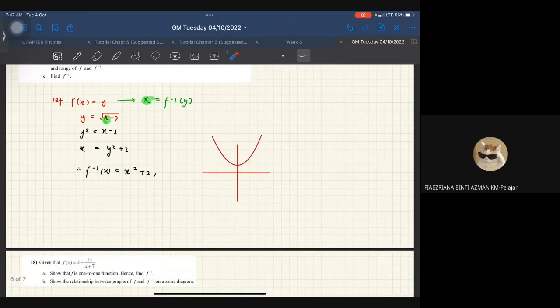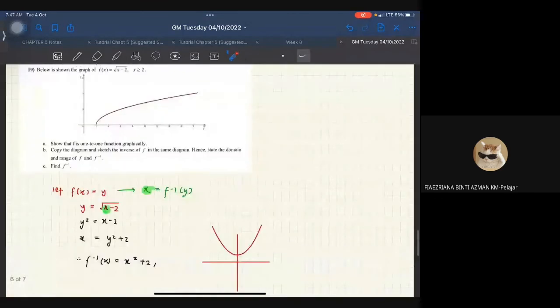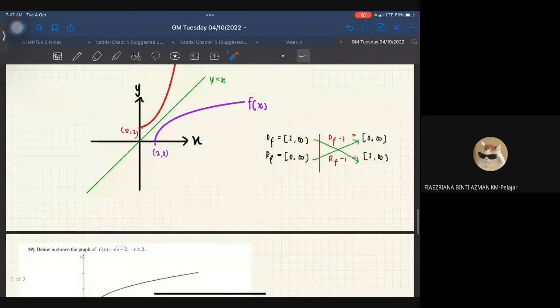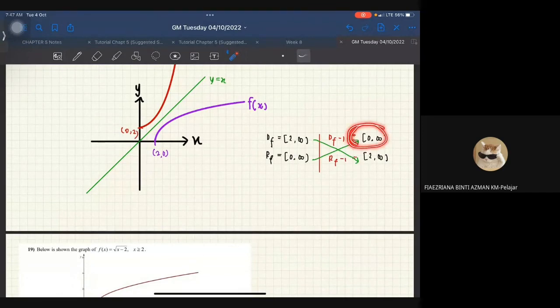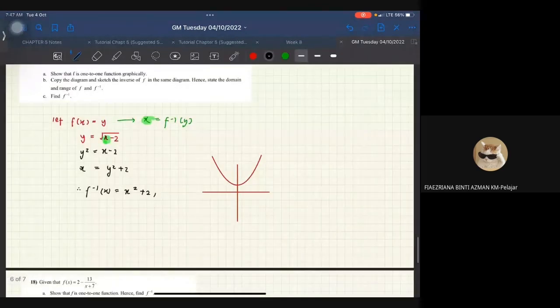Okay, and then kita dah cari tadi dekat awal-awal, we have already found your domain for inverse function dekat part B. Okay, so kita punya domain for inverse is this one. Okay, so maksudnya awak punya domain dia mestilah x greater than or equals to 0. Okay, so kita akan tambah sahaja dekat belakang ni, x is greater than or equals to 0. Okay, barulah settle awak punya inverse function.